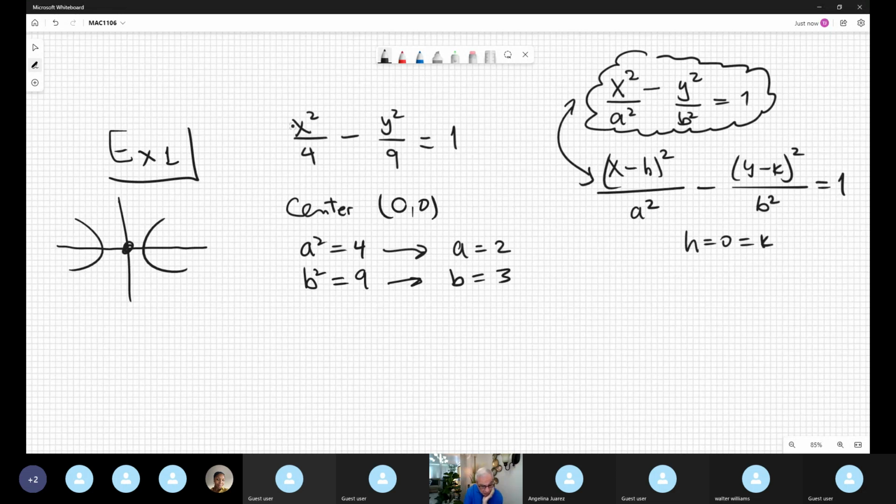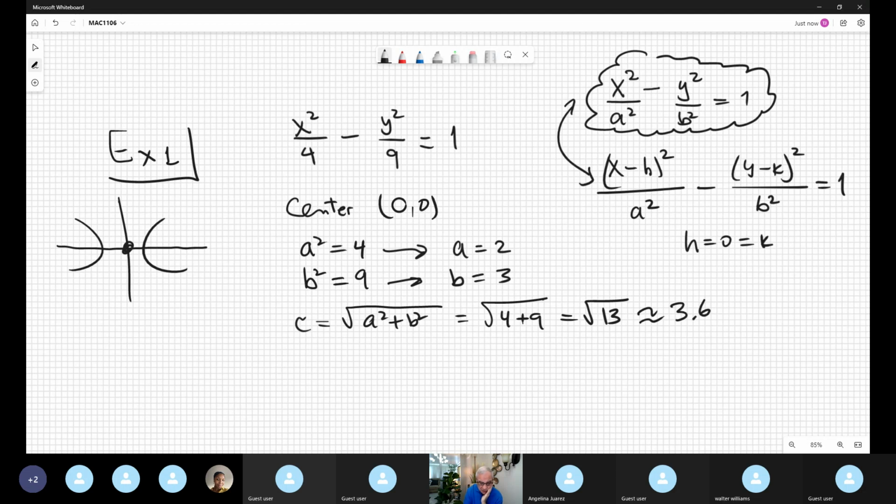If you want to find c, let's do it. The equation is c equals the square root of a squared plus b squared. So it's the square root of 4 plus 9, 13. And the square root of 13, unfortunately, 13 is a prime number, and the square root of a prime number is irrational, but it's okay. It's 3.606. You put it in the calculator.